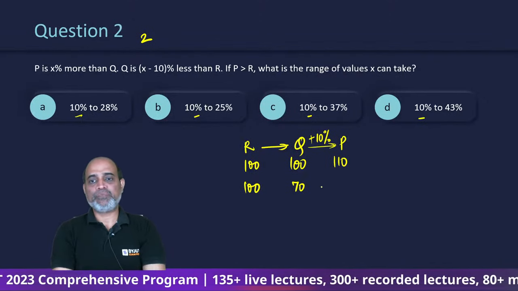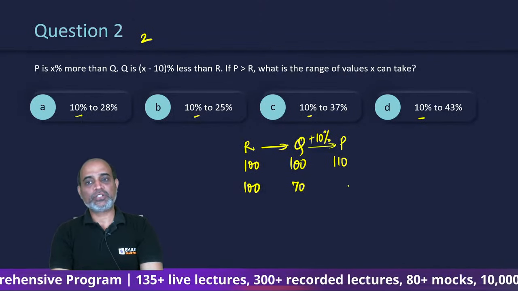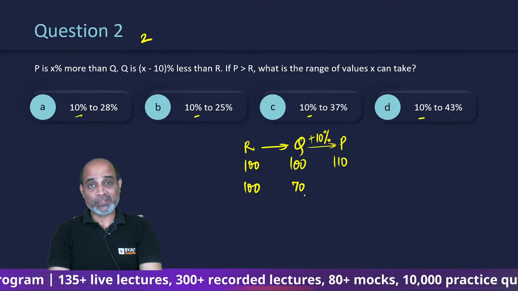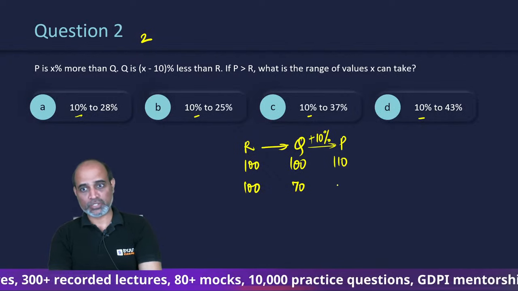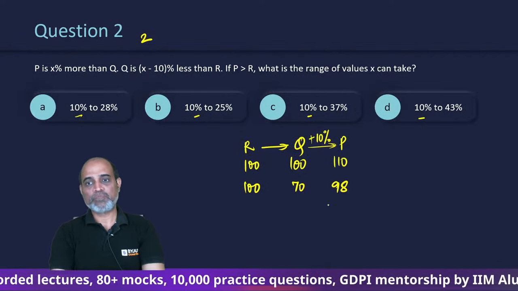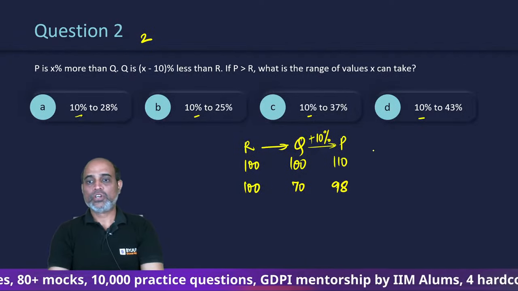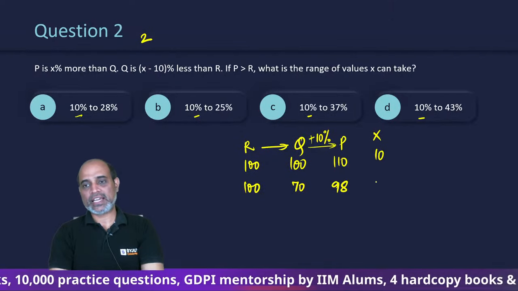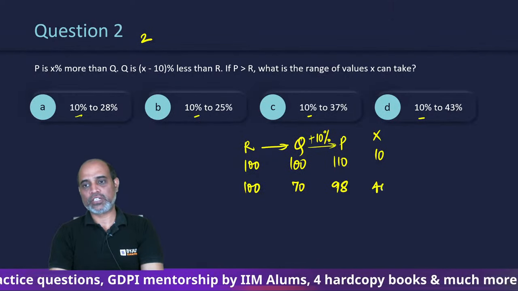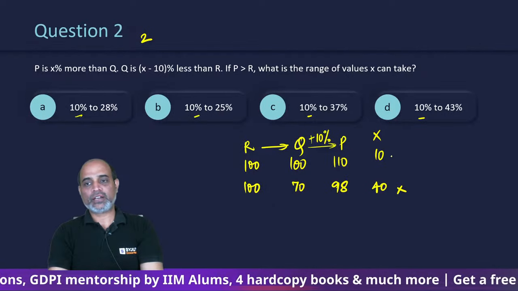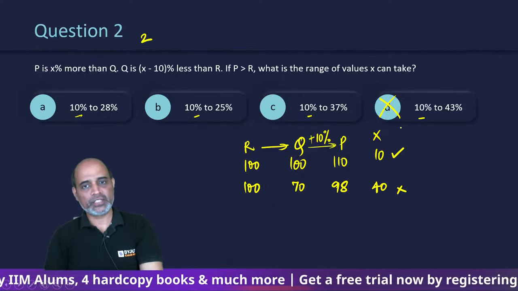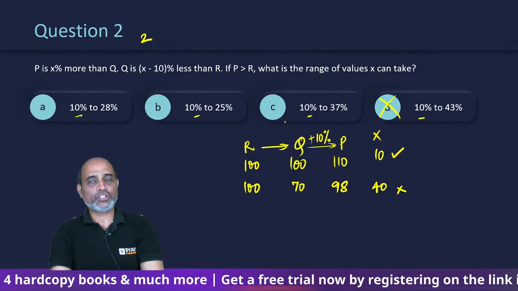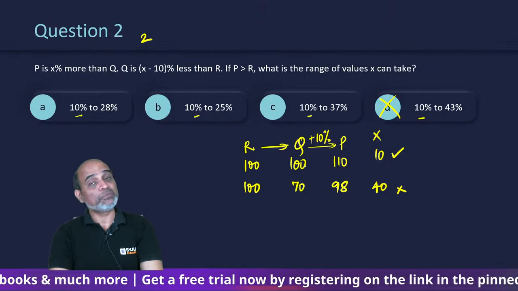And then P is 40% more than that. Now 10% is 7, 20% is 14, 40% is 28, ये 98 होगा. Is P greater than R? No. So here I took X as 10, here I took X as 40. So 40 work नहीं कर रहा. 40 work नहीं कर रहा, then 40 is there in option D. I eliminated it.